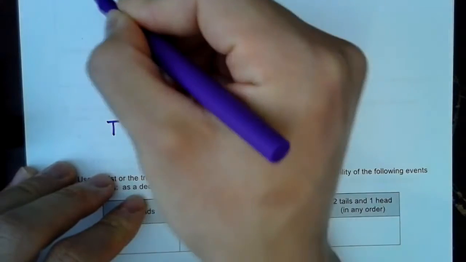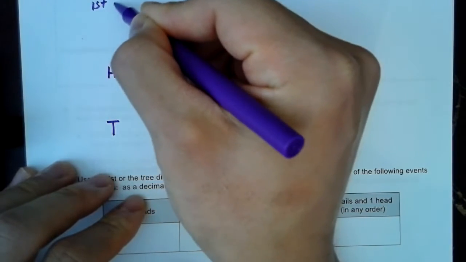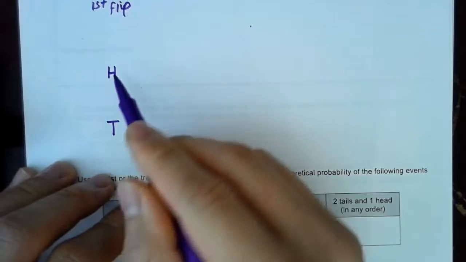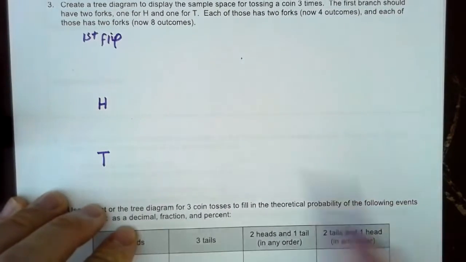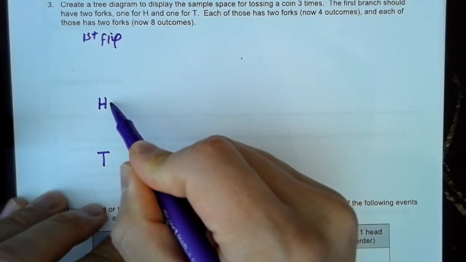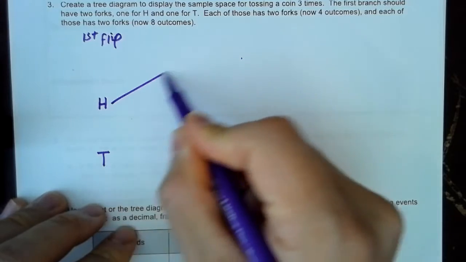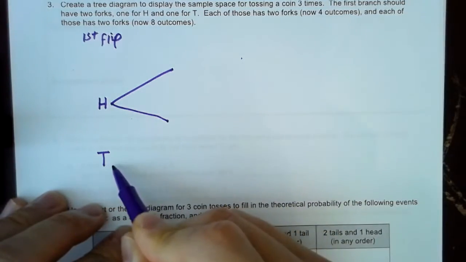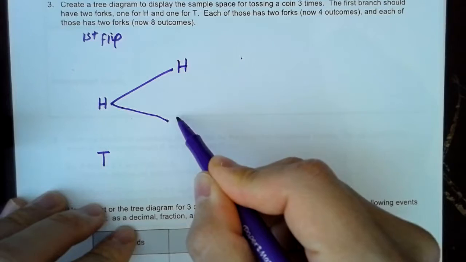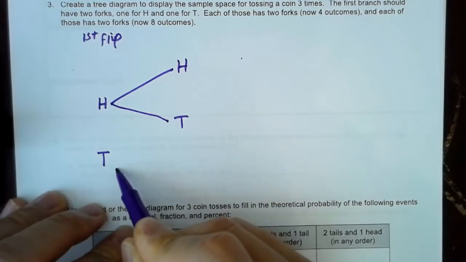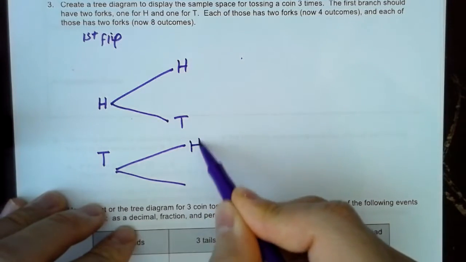The first flip is going to either be heads or tails. And then when you flip it again, you could potentially get heads or tails again. And then from the tails, you can get heads or tails one more time.